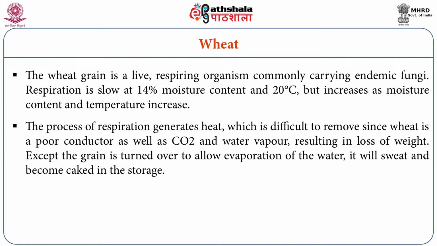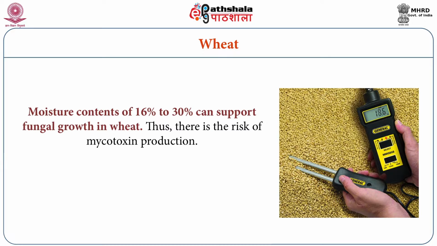Except the grain is turned over to allow evaporation of the water, it will sweat and become caked in the storage. Moisture contents of 16 to 30% can support fungal growth in wheat, thus there is the risk of mycotoxin production.